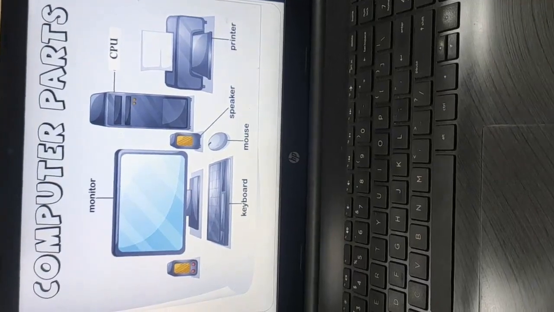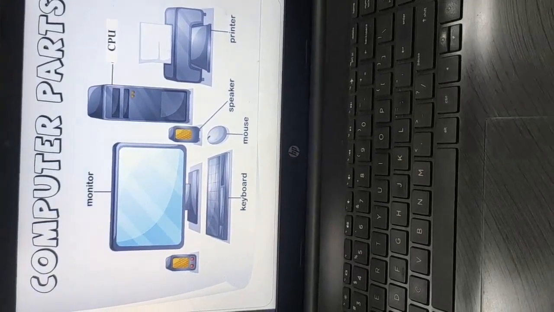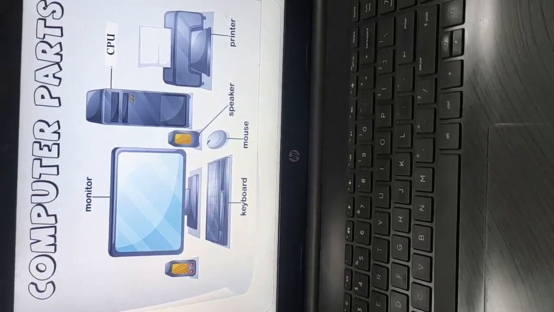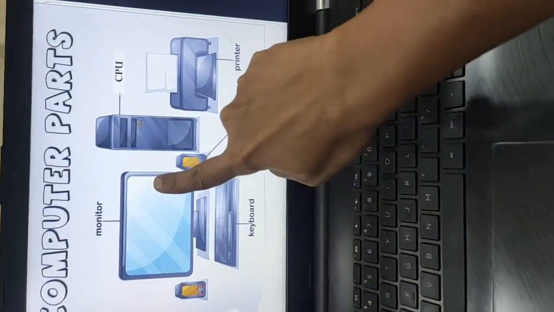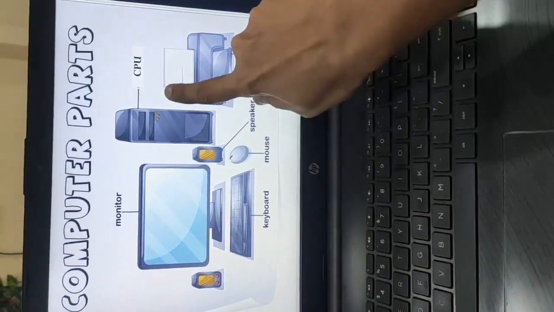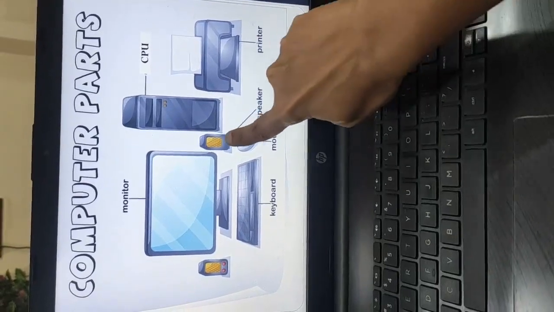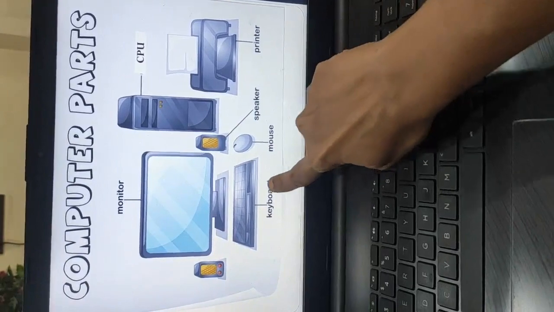Likewise, dear children, our body has different parts, a car has different parts, a bottle has different parts. Do you know, a computer also has many parts. What are they? It has a monitor, it has a CPU, this is a printer, these are speakers, this is a mouse, and this is a keyboard.